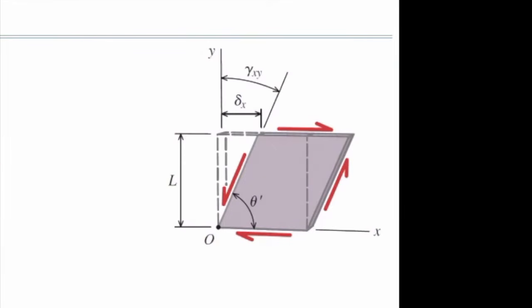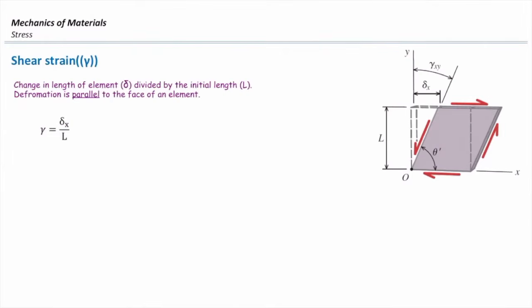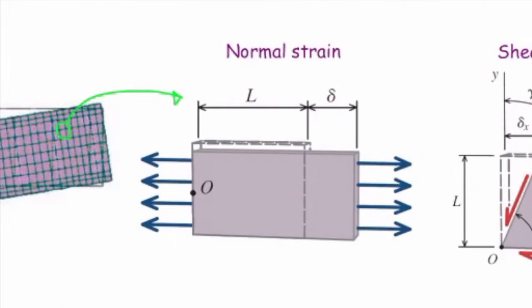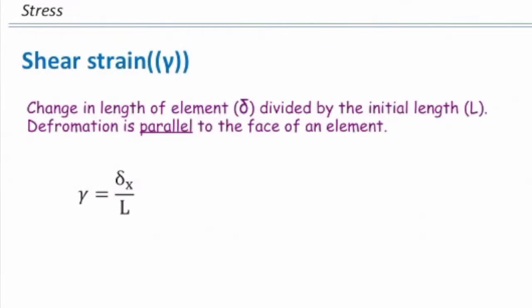In shear strain, delta x is perpendicular to the length L. But in normal strain, as we can see in this figure, delta is parallel to the initial length of the element. This equation is actually valid when deformations are very small.